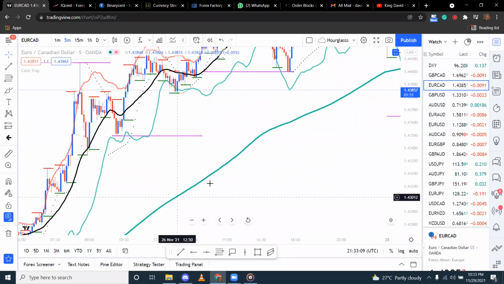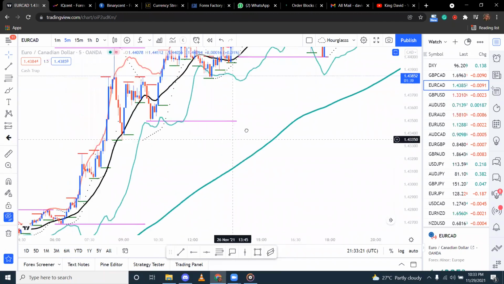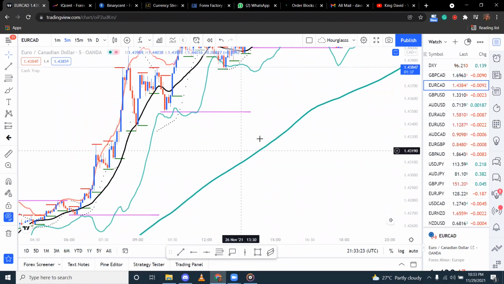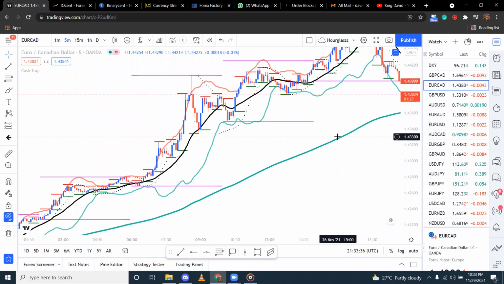Is it the green color or is it the red color? Whenever the market is above it, it will be the green color. Whenever the market is below it, it will be the red color. Once it is the green color, it has given you its own confirmation to look for what? A buy. Whenever it gives you the green color, it has given you its own signal telling you to look for buys.